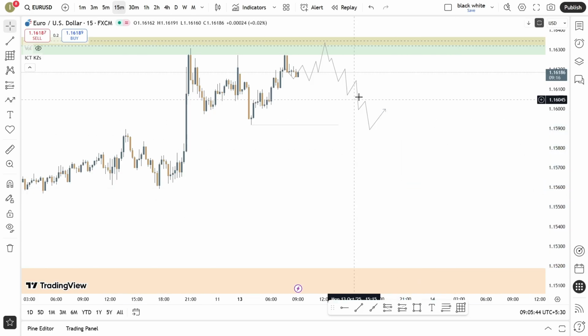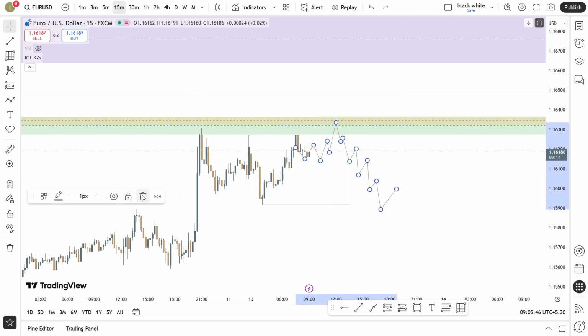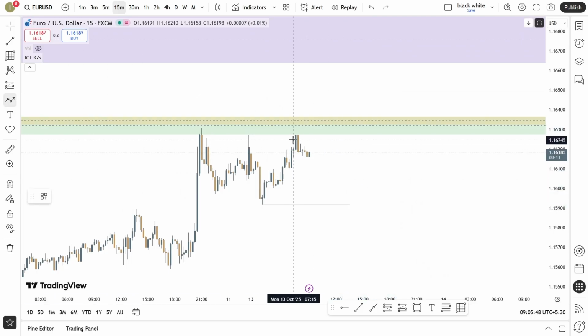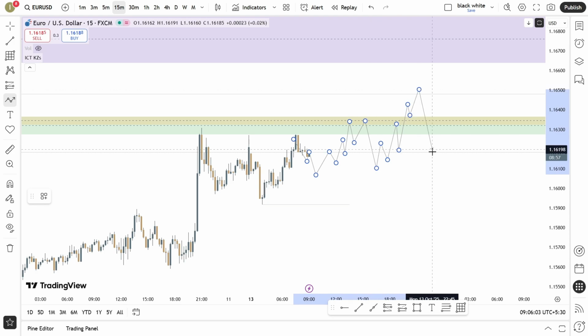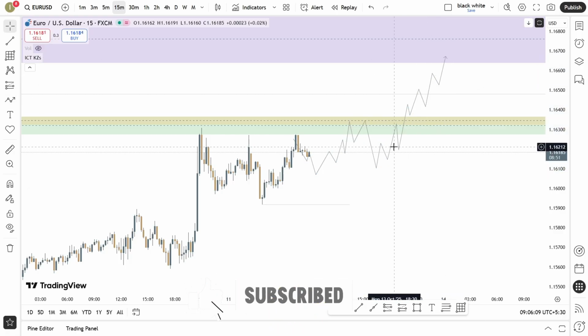If this doesn't happen, more likely we are going to get a reaction from these levels. Go higher, tap here, come down, take some kind of liquidity, and then continue the journey into the higher direction. Take this high, or more likely that will continue down. One scenario, otherwise we are going to go higher to tap this level.